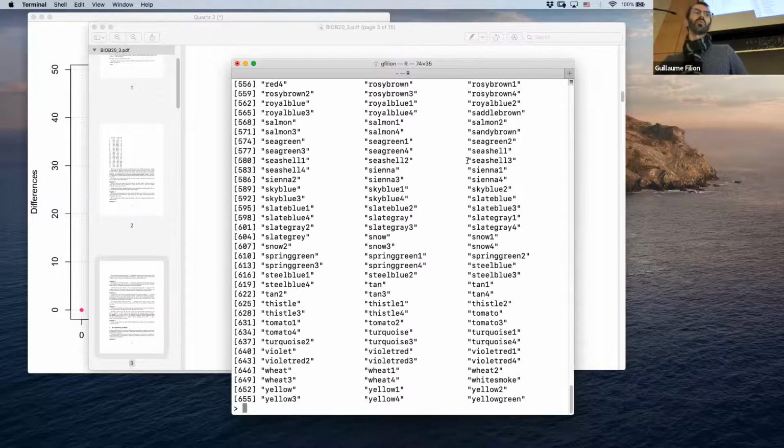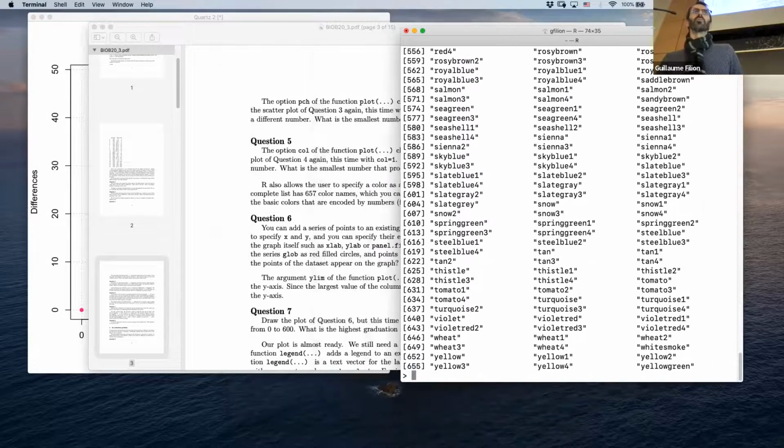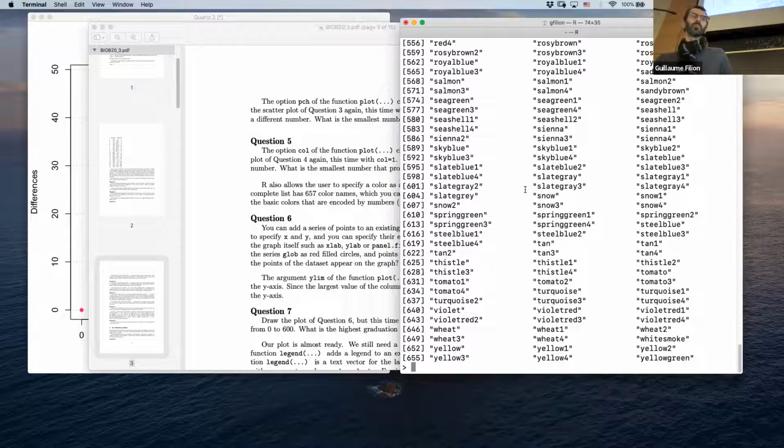So you have only 657 options. If that's not enough for you, then you can of course specify the colors as usual on the computer by the amount of red, green, and blue that you want inside. That's also an option. So basically, the 657 color names are just a convenience. In reality, you can always design your own color by just putting in the 3 numbers that make the color.